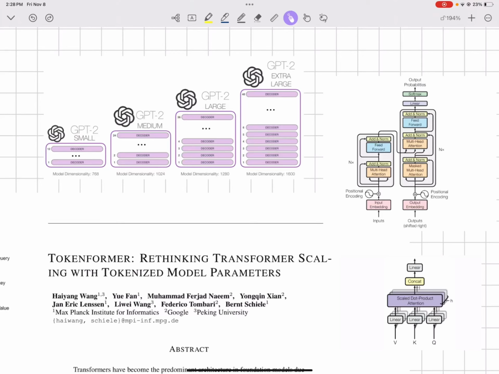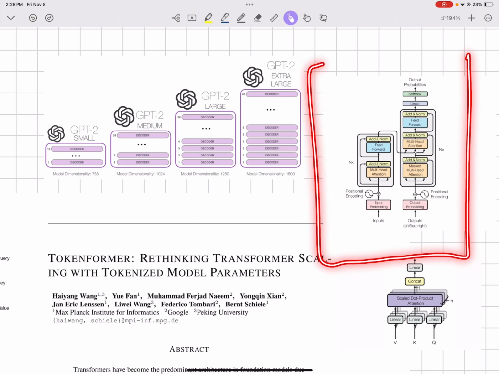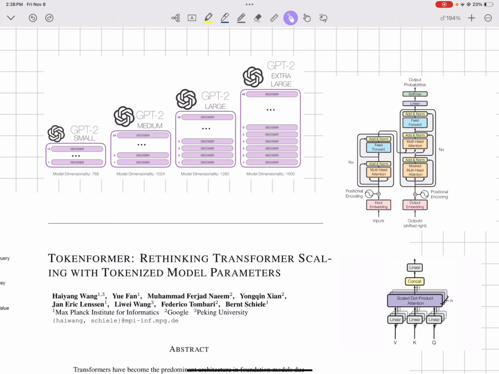One of the issues right now with the transformer is that the architecture of the transformer is not scalable. Let's say I take a small GPT-2 that has 12 layers and has a 768 dimensionality.